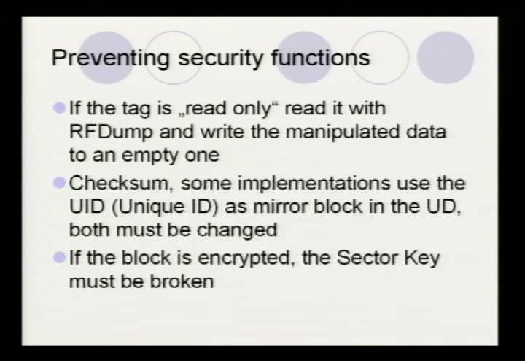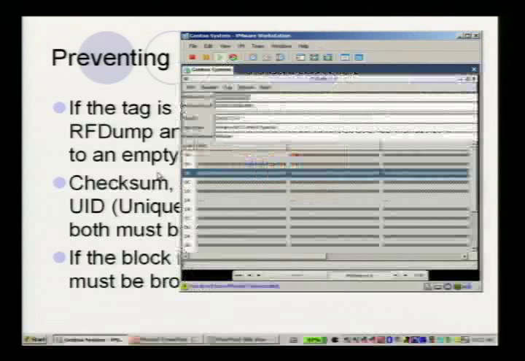We have to know if a tag is read-only, and we need to change something on the tag. We just need to clone it. This can be done with ifdump.